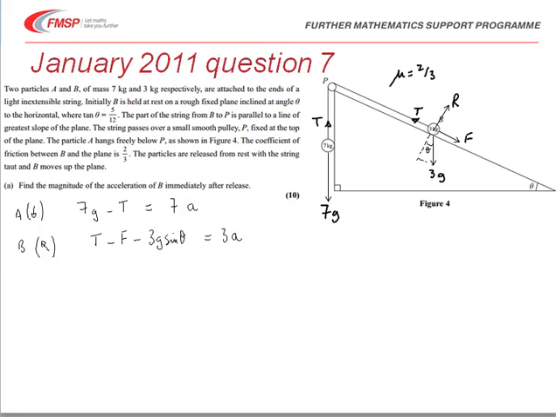We know that F is equal to mu R. And so resolving now perpendicular to the plane, away from the plane, we can see that R is equal to 3g cosine theta.